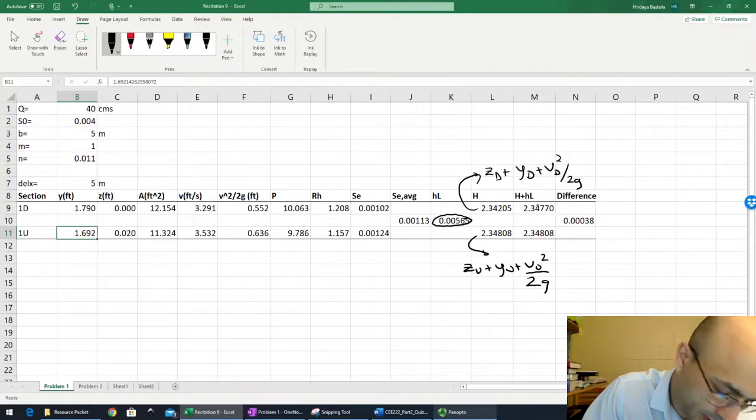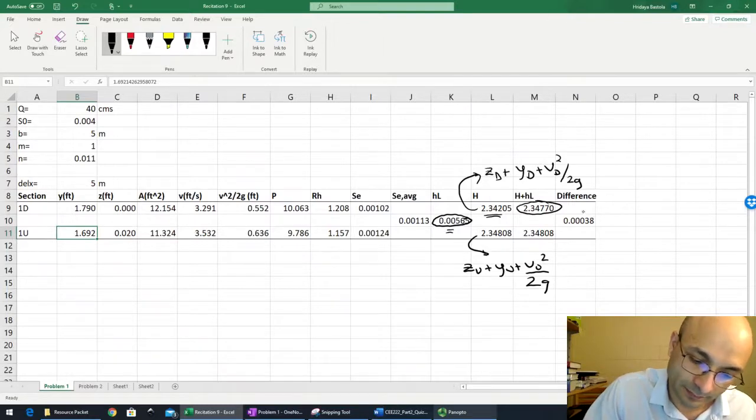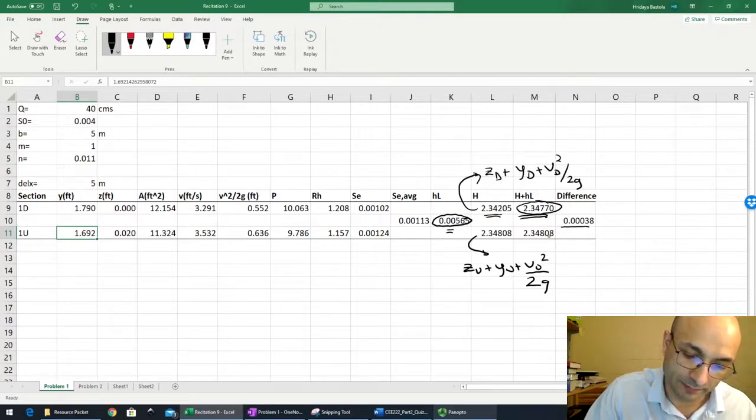So this one here is the sum of the total energy at the downstream location plus the head loss, and this value here is the difference between the sum of total energy at the downstream end plus the head loss and the total energy at the upstream point.